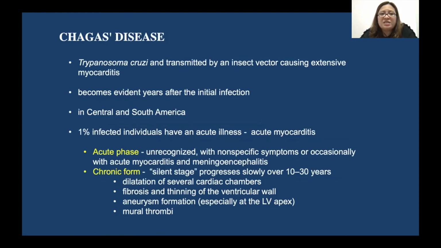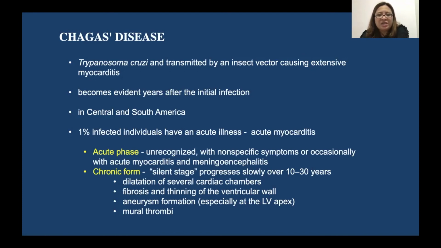Next is Chagas disease. The etiologic agent for Chagas disease is Trypanosoma cruzi, which is transmitted by an insect vector causing extensive myocarditis. This becomes evident years after the initial infection, and this is common in Central and South America. 1% of infected individuals have an acute illness causing acute myocarditis.